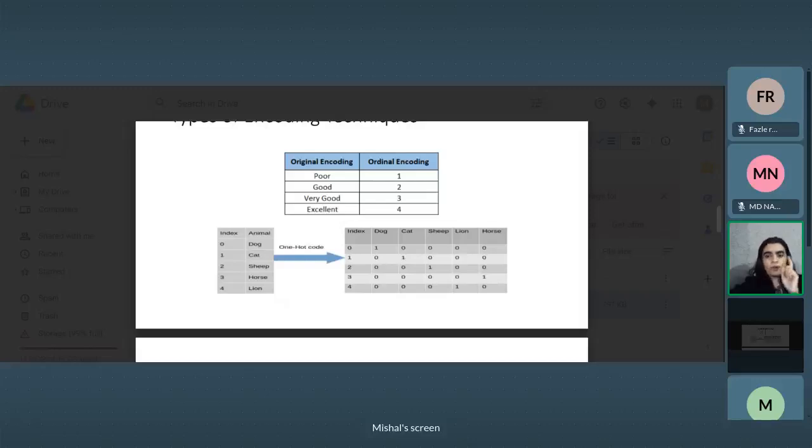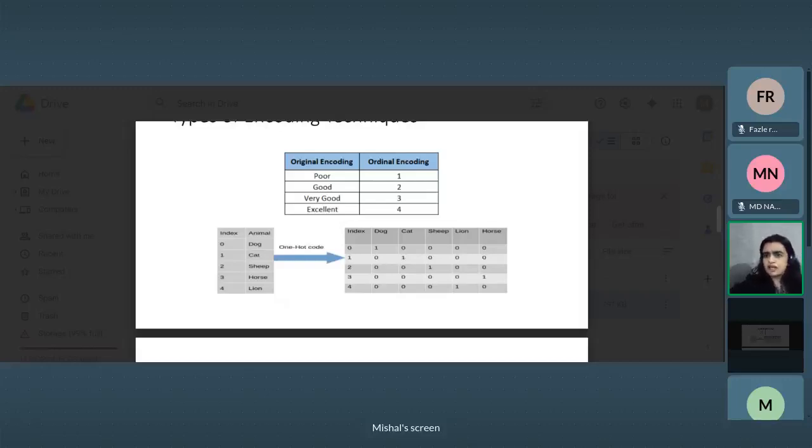Now, when it comes to nominal, let's take an example of nominal here. We have different animals in the column: dog, cat, sheep, horse, lion. There is no such hierarchy. So saying dog as 1, cat as 2, that's not a good way. When we train our model, it will consider, okay, dog is 1 and cat is 2.